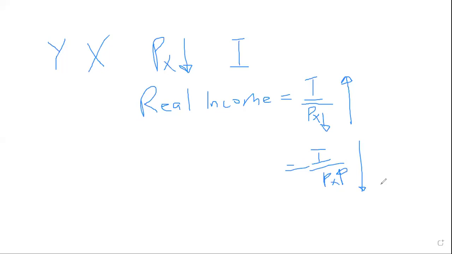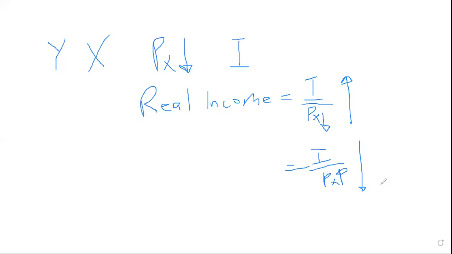So please get this. Real income is nominal income divided by prices. So if the price of a commodity that you spend your income on reduces, that means that you have more purchasing power. Your real income will go up.